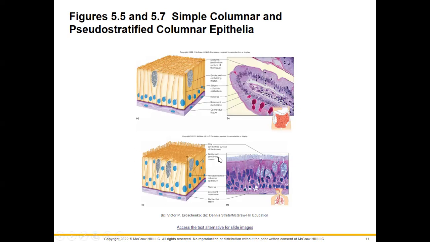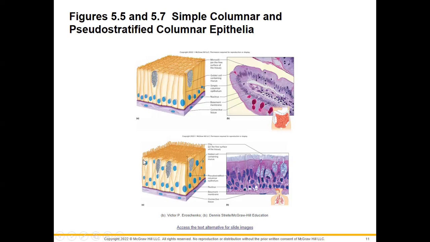The picture at the bottom is your pseudostratified columnar epithelium. So microvilli or cilia at the free surface. This is going to be your free surface near a lumen of some sort. You have your goblet cells producing mucus that's going to be secreted onto that surface. You have the basement membrane on the other end that anchors and holds the cells in place.